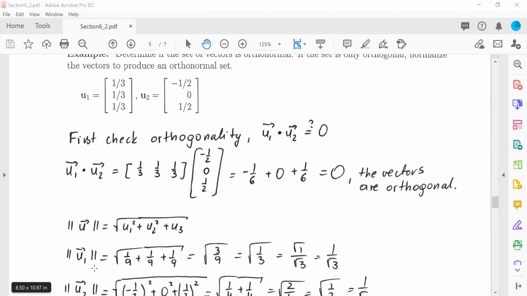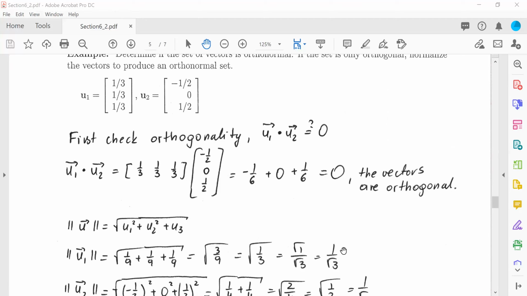Norm means length. So we take U1, square the first entry, plus the second squared, plus the third squared. 1/3 squared is 1/9, plus 1/9, plus 1/9. Three ninths, which is the square root of 1/3. We can distribute: it's the square root of 1 over the square root of 3.